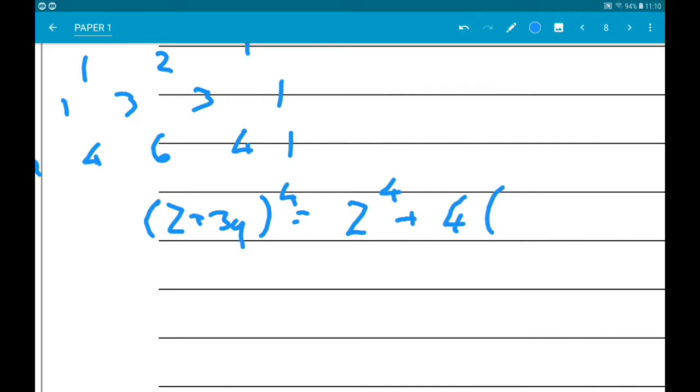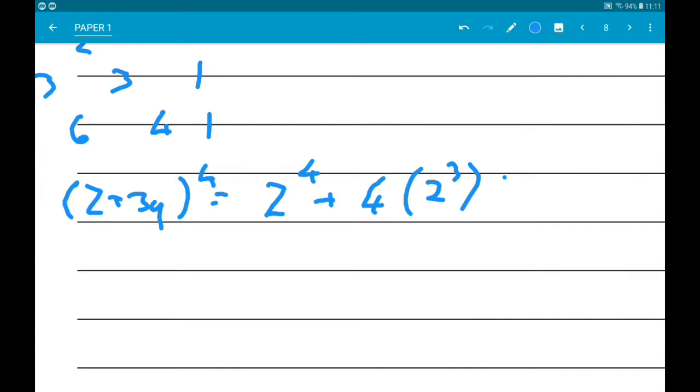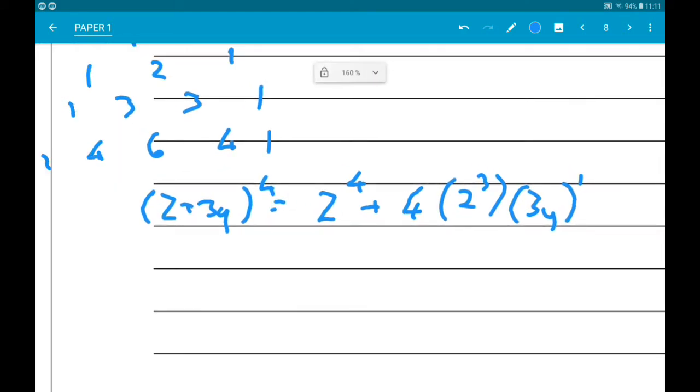And then we get 2 to the power 3. And then 3y to the power 1. Next term, coefficient is 6.